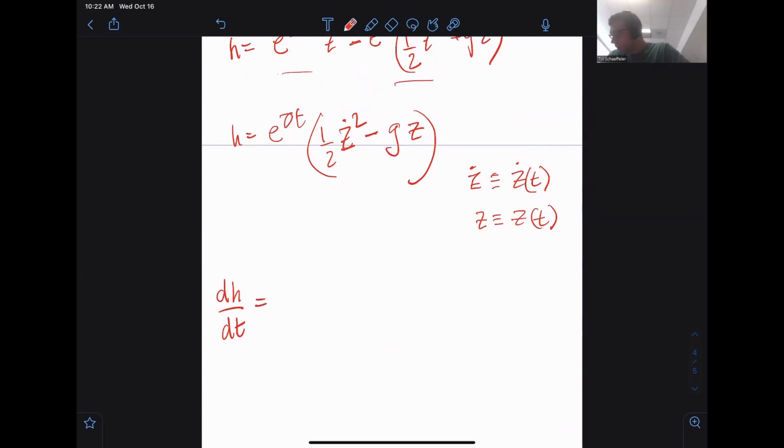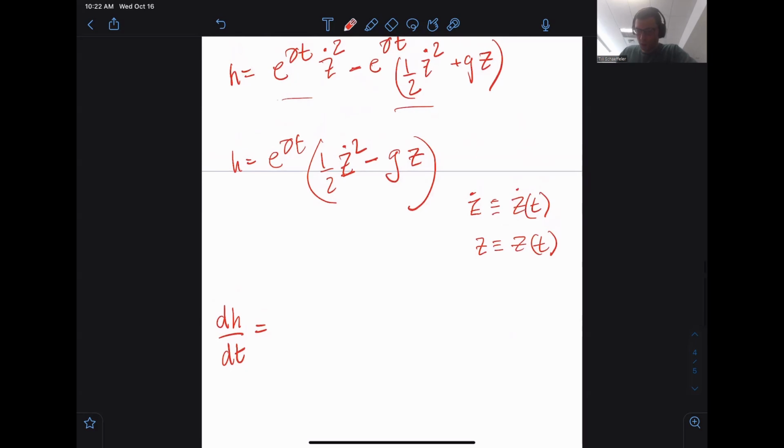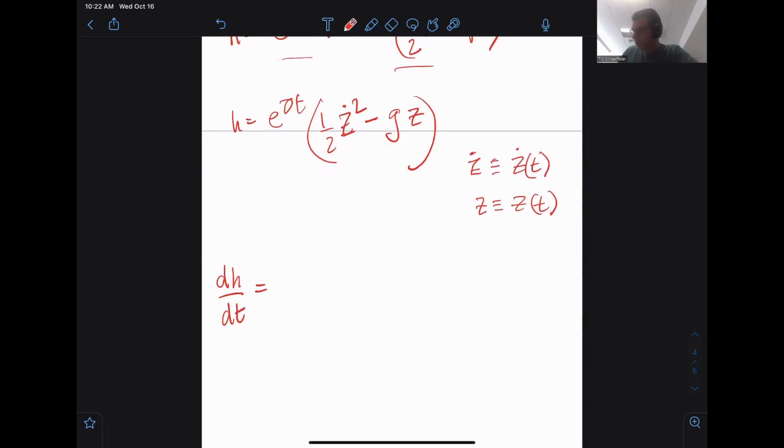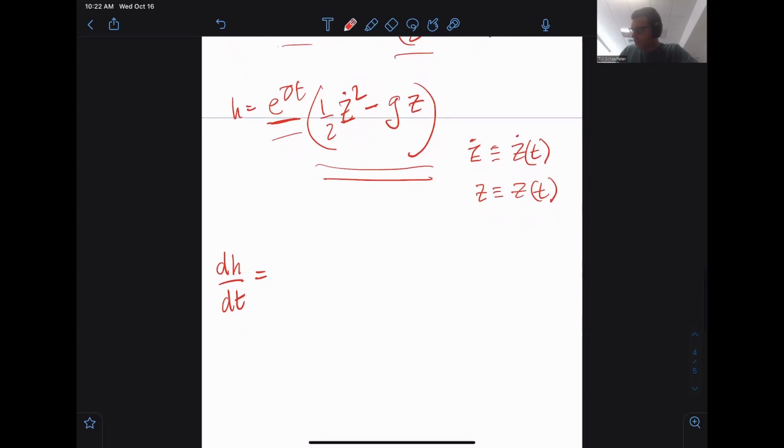So do that. First, I'm gonna take the derivative of this and leave this constant, and then I'm gonna take the derivative of this and leave this constant.